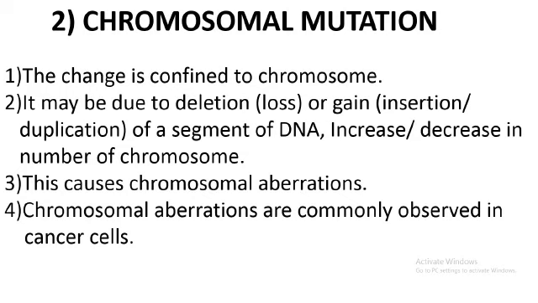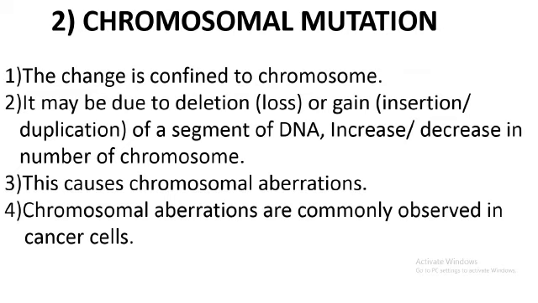For example, there are many chromosomal disorders like Down syndrome, Turner syndrome, Klinefelter syndrome. In Down syndrome and Klinefelter syndrome, the number of chromosomes increases, whereas in Turner syndrome, the number of chromosomes decreases. Thus we can say that chromosomal mutation may be due to loss of a segment or addition of a segment of DNA, or an increase or decrease in number of chromosomes.